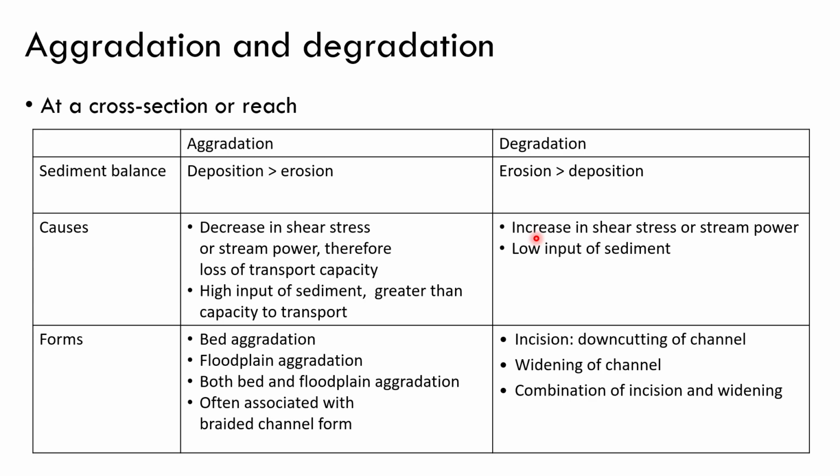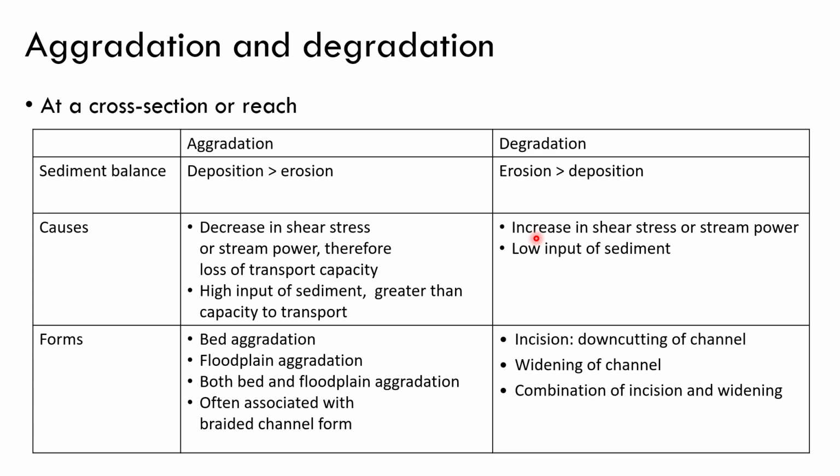And sometimes if we see a lack of sediment input into the system, we can see a situation where a stream can be what we call sediment starved. And so it's got a lot of power and it's not releasing any of that on transporting sediment. And so it becomes kind of a hungry stream and it wants to erode in order to expend some of its energy.